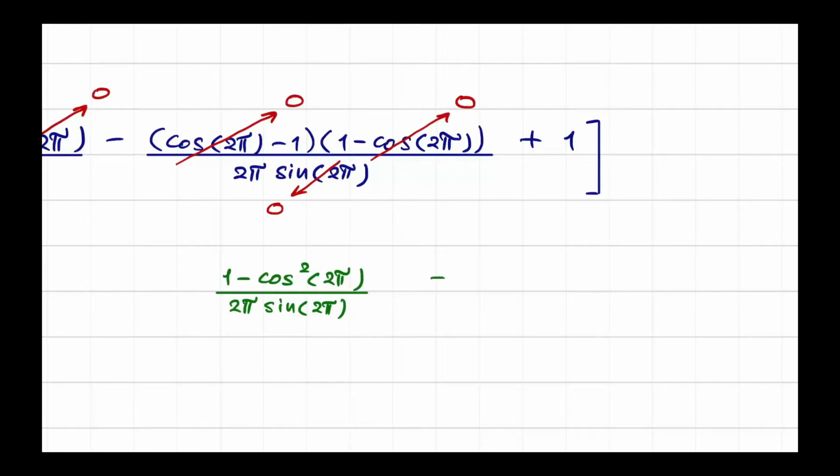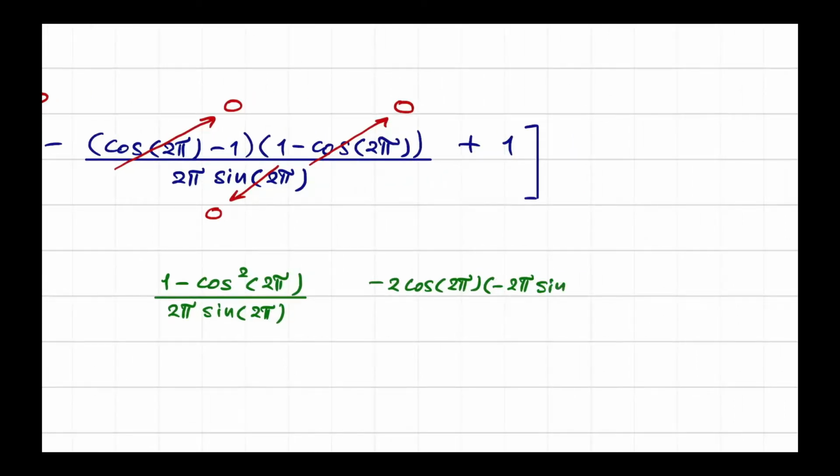So you have 2 cosine multiplied by minus sine, 2 cosine 2 pi, and then another thing is minus, you need to take it out, right? 2 pi and then sine 2 pi, is that right?